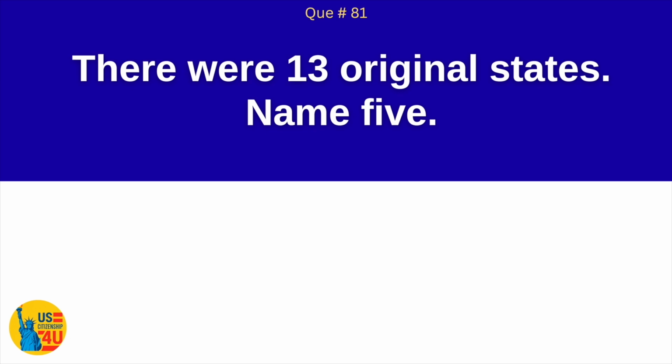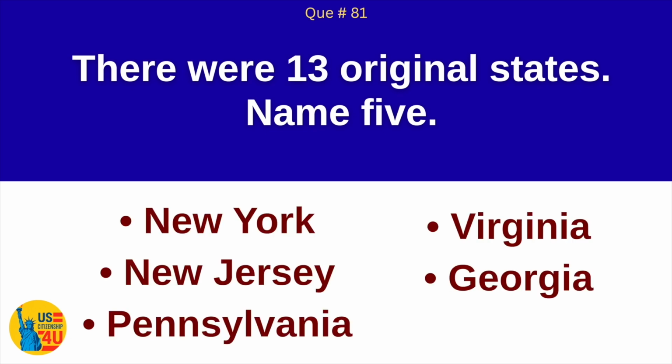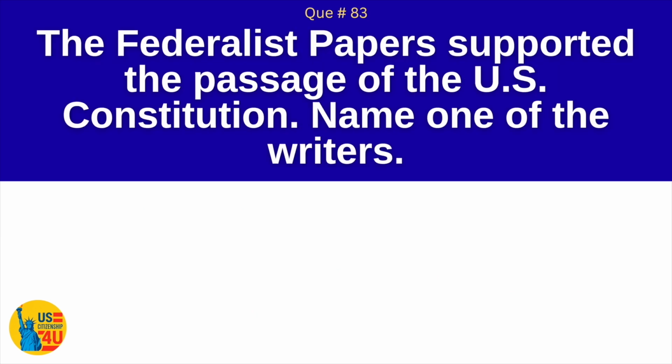There were 13 original states. Name 5. New York, New Jersey, Pennsylvania, Virginia, Georgia. The Federalist Papers supported the passage of the U.S. Constitution.